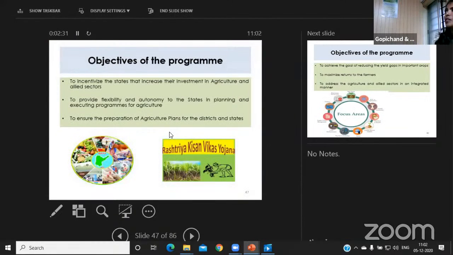The main objectives of the program were to incentivize the states to increase their investment in agriculture and allied sector, to provide flexibility and autonomy to the states in planning and executing the programs, and to ensure preparation of agricultural plans for the districts and also the states.